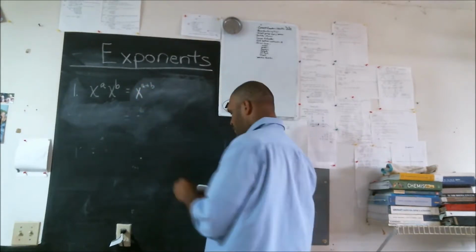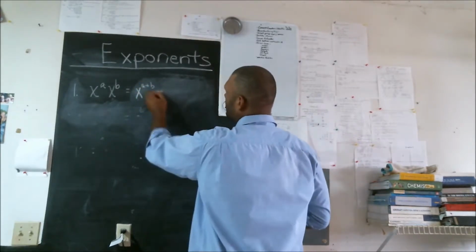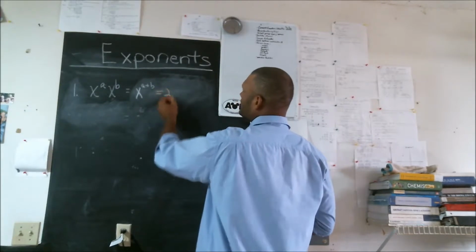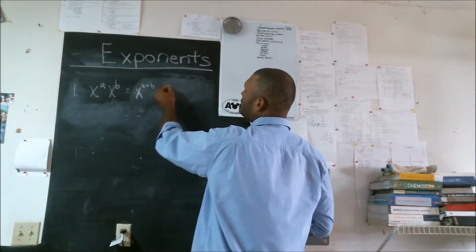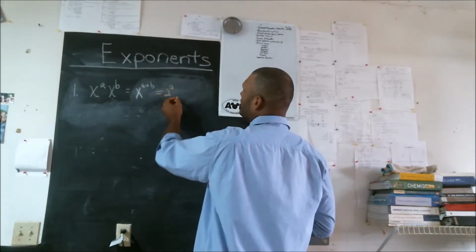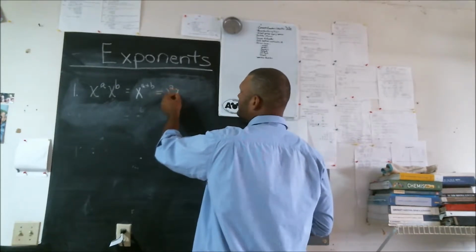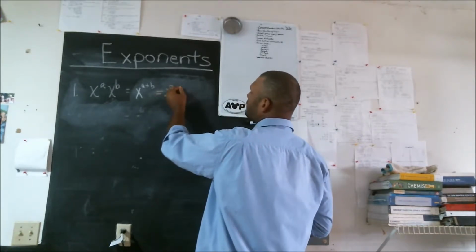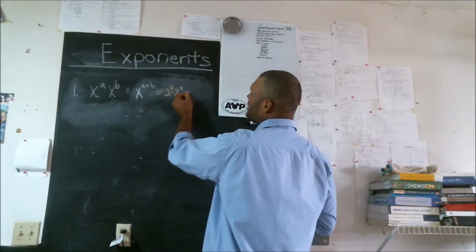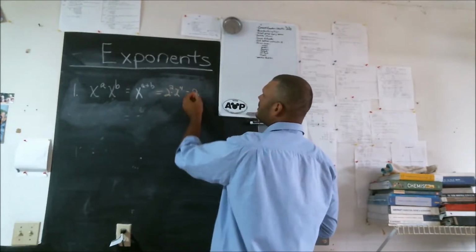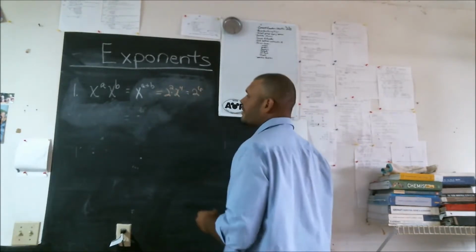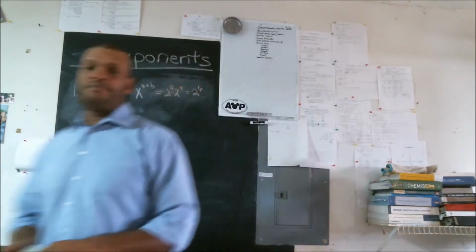In number format, if we have 2 raised to the second power times 2 raised to the 4th power, that's going to equal 2 raised to the 6th power. It's as easy as that.